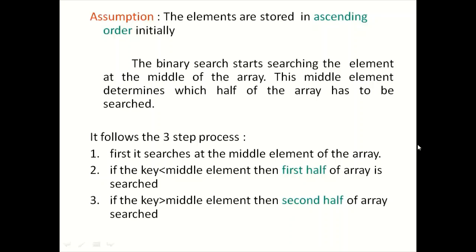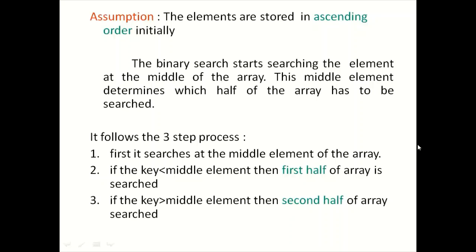It actually follows a three-step process. First, it searches the middle element of the array. If it is not the middle element, then the first half of the array is searched if the key element is less than the middle element. That is because the elements are stored in ascending order.